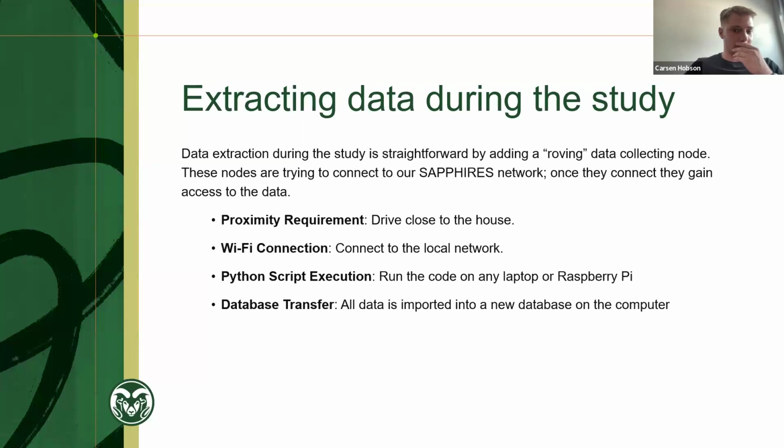Okay, so for extracting data during the study, we won't have to go into the homes at all. We can actually drive right up to the house with a laptop or a Raspberry Pi that is set up for this.